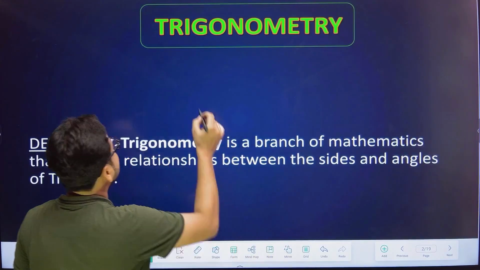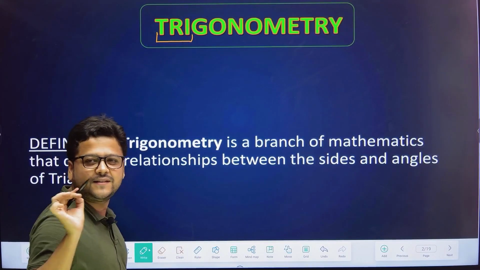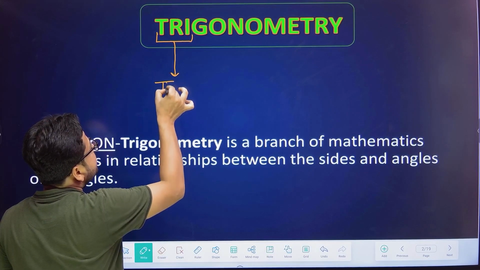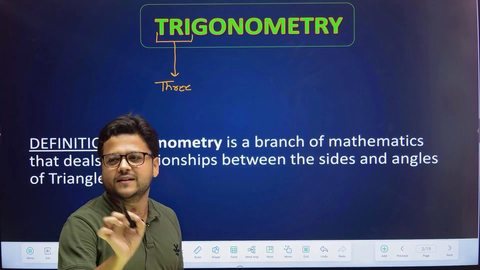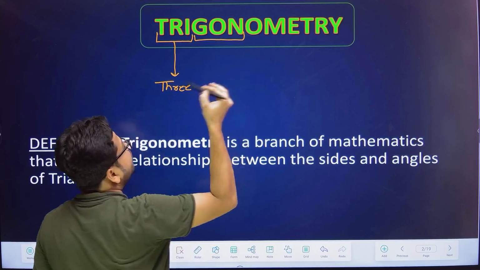So you can see what is written over here, tri. Tri means 3, and from this 3 the sense is triangle. And next is gono, or we can say gon.